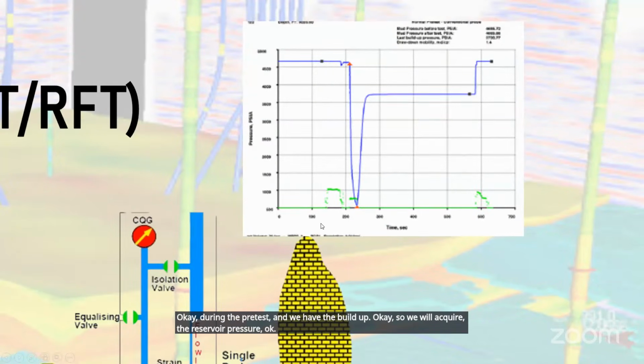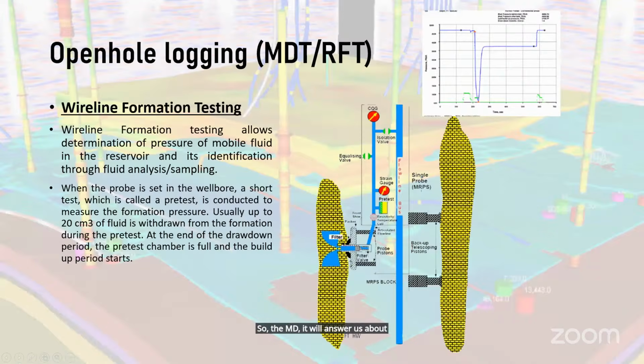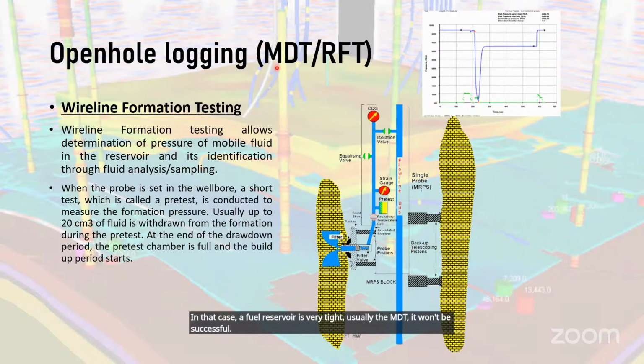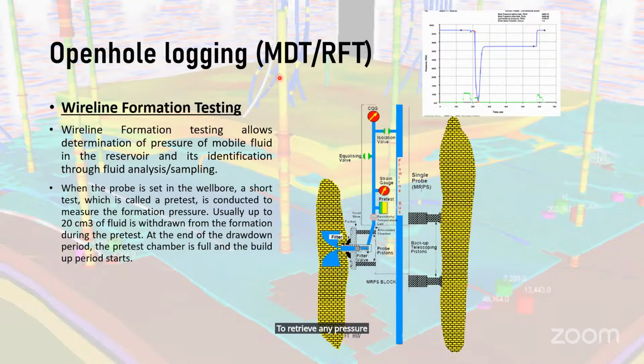So the MDT will answer us about the reservoir pressure. Also, it can give you some rough estimation of the mobility or the permeability of your reservoir. If your reservoir is very tight, usually the MDT won't be successful in retrieving any pressure point in your reservoir.